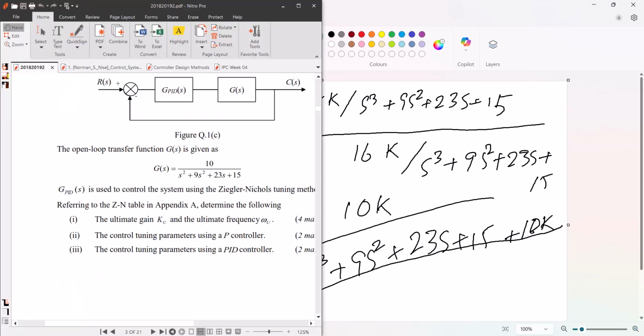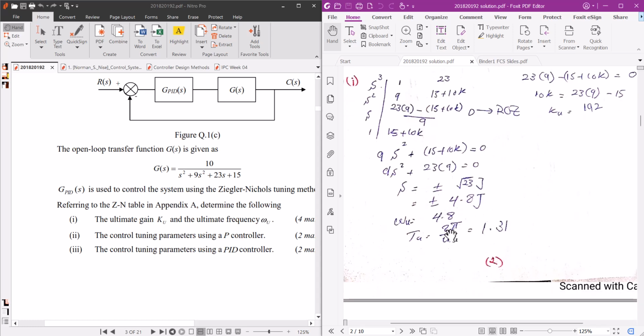So here we calculated it with 2 pi over omega, that is 1.31 seconds. So these are the terms you want to know: the ultimate gain, that is 192, and the ultimate frequency and ultimate time period. You want to know these two terms, Ku and Tu.